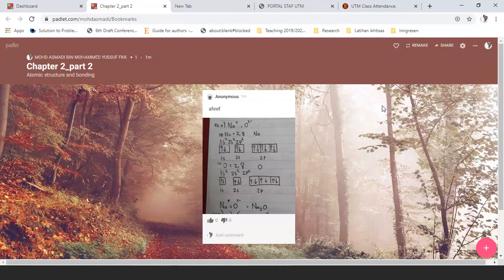Actually, this chapter is very short. No problem, tomorrow we can finish. I just want to see whether you still remember or you still understand.